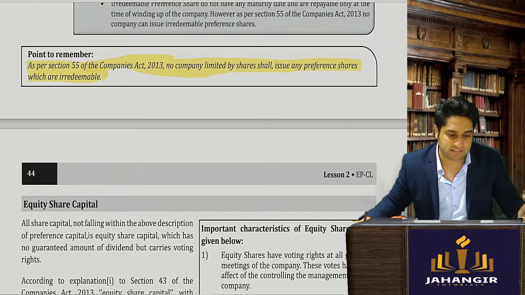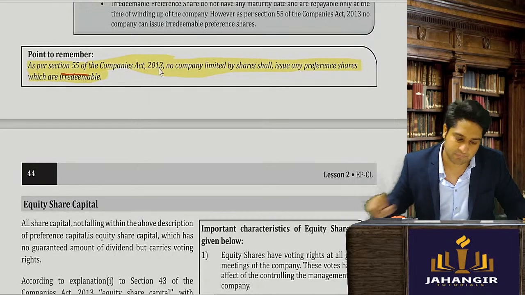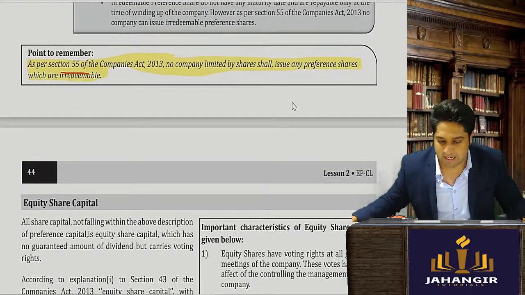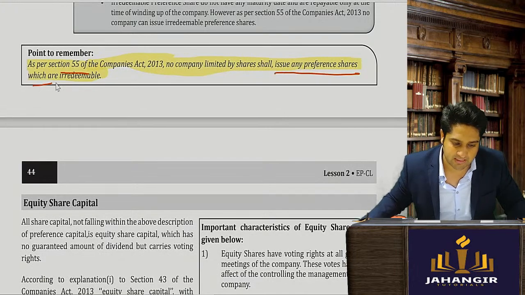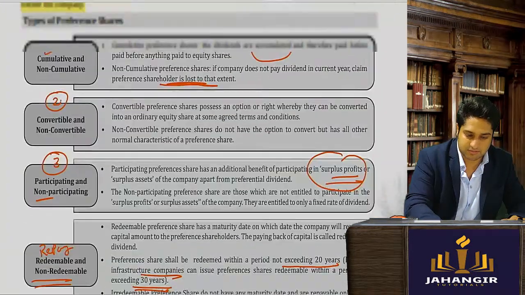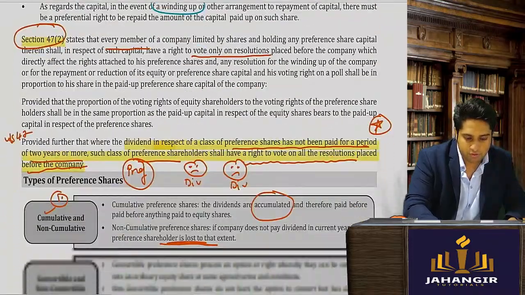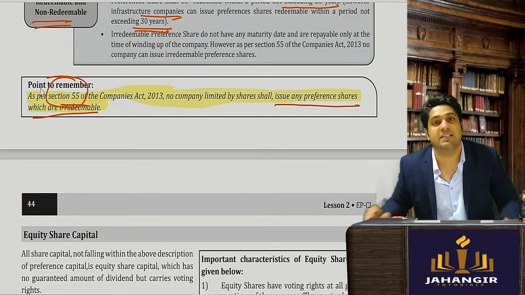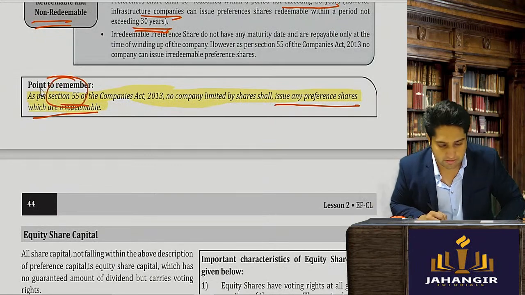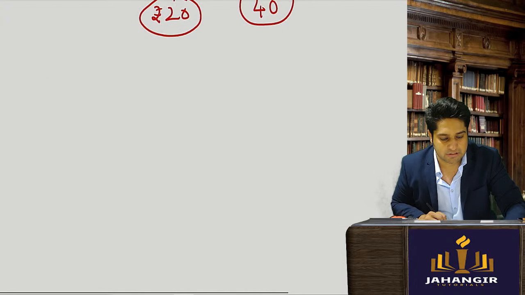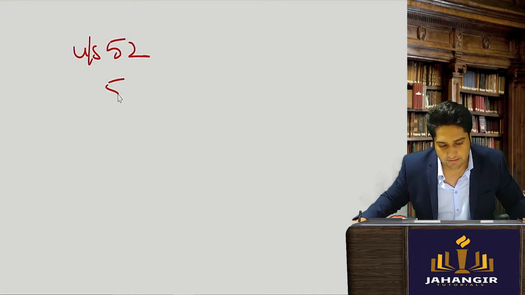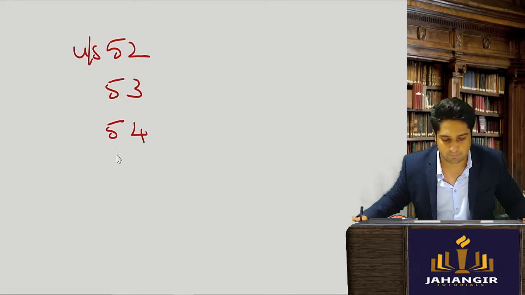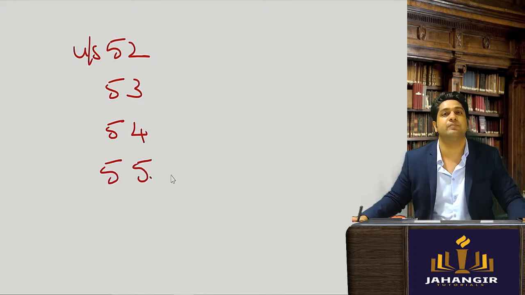Okay, now let's read section 55. Very simple. No company shall issue any preference shares which are irredeemable. Now, I want you to remember a particular section. Since they have used the word section 55, let me take you through a very important list of sections, that is your section 52, 53, 54, and 55.